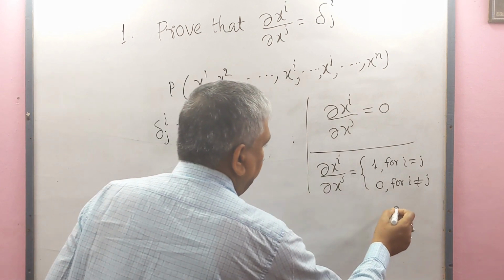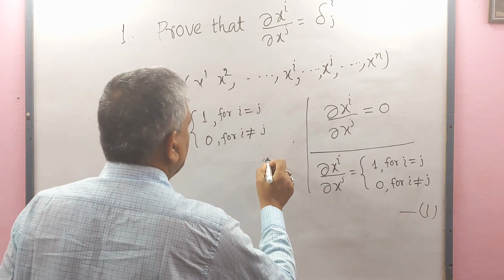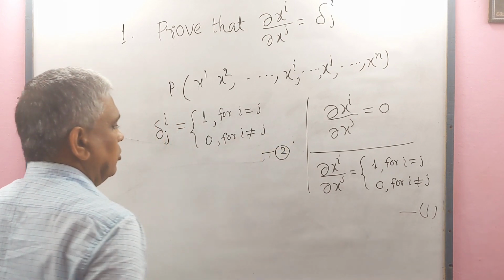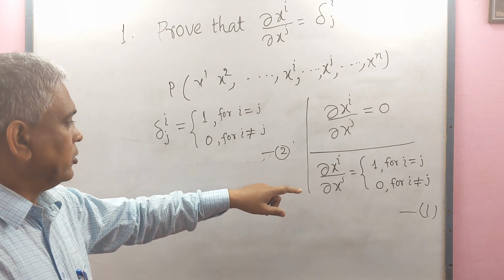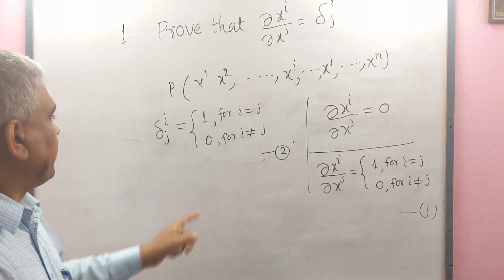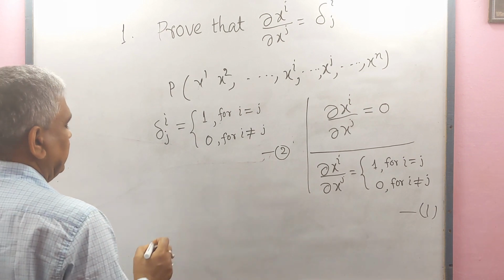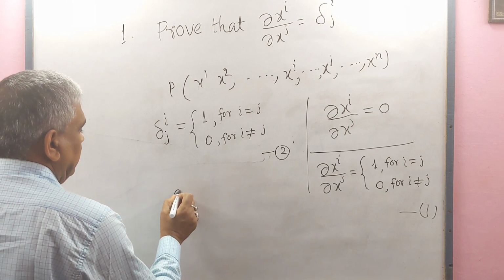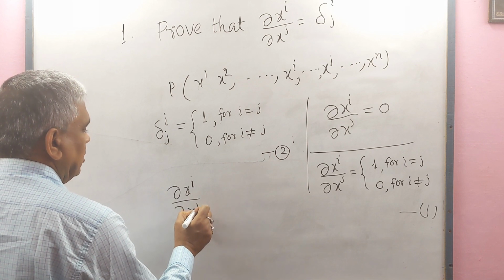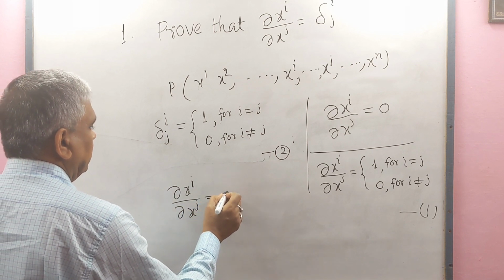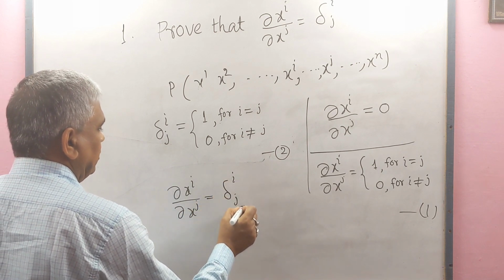So from 1 and 2, we get that the result is the same. So we may conclude that del xi by del xj equals delta ij. Proved.